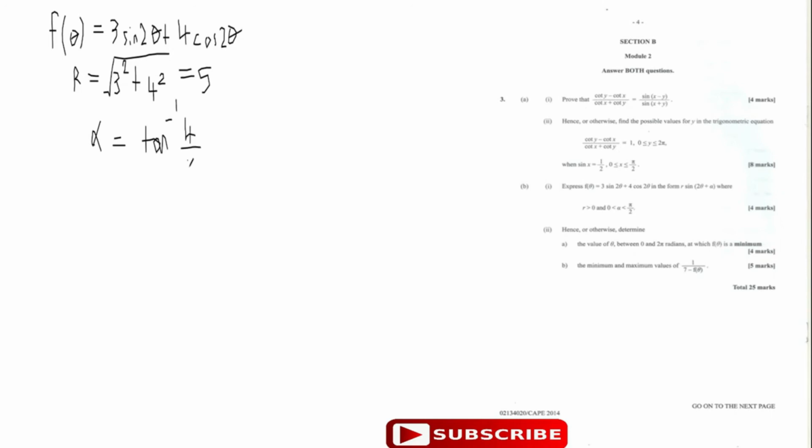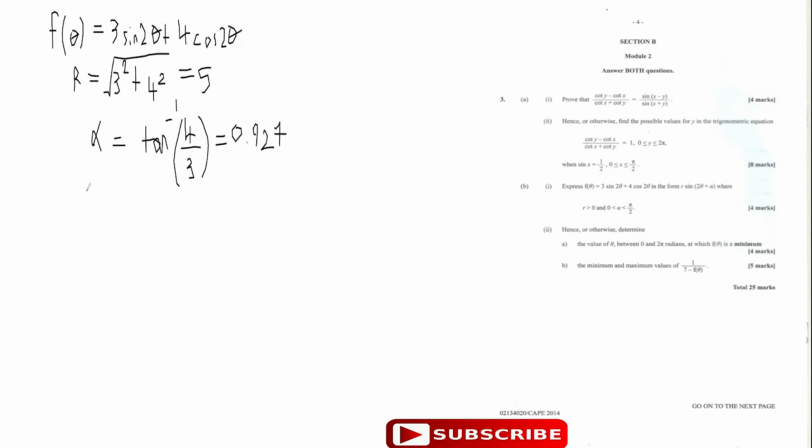So you put that in a calculator. What's tan inverse of 4 over 3? That gives you this value here: tan inverse 4 divided by 3 is 0.927. So what does that mean?